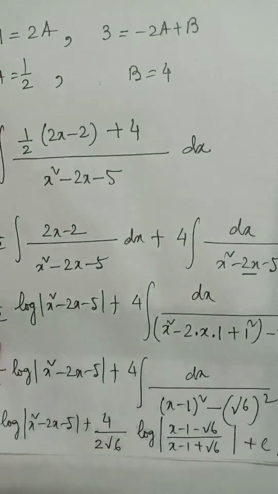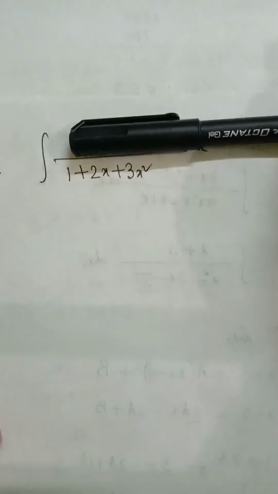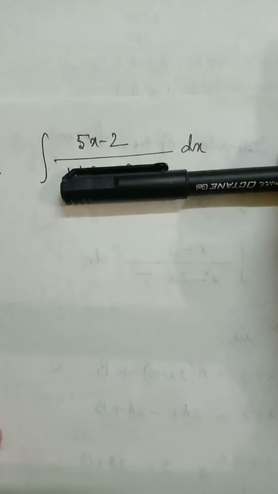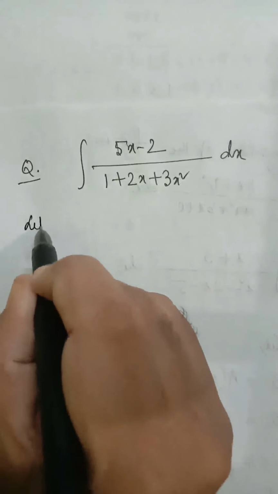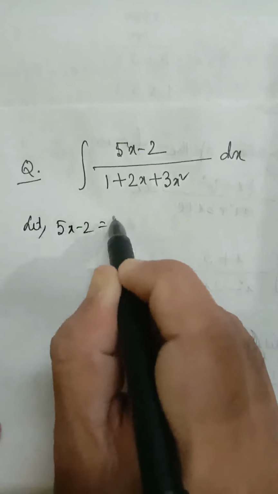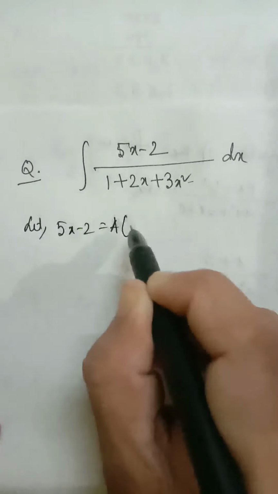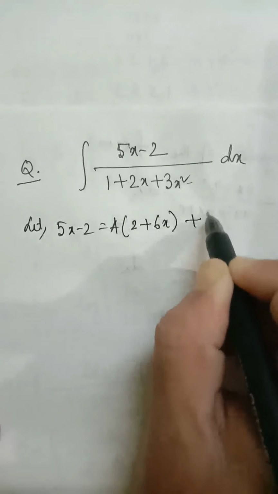I am solving one more question. Next, to integrate (5x − 2) divided by (1 + 2x + 3x²). Now you can see the numerator is a linear expression and the denominator is a quadratic expression. So first, how to proceed: let the numerator equal a times the derivative of the denominator, which is 2 + 6x, plus b.